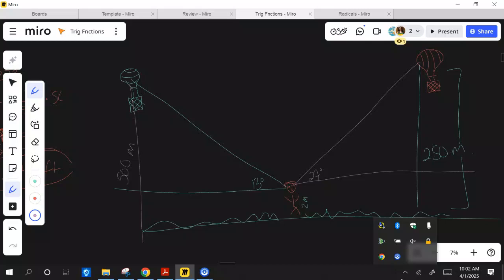But how about the angle? How far apart are the two balloons?